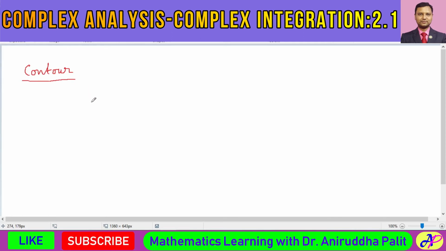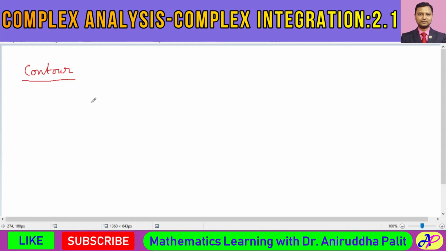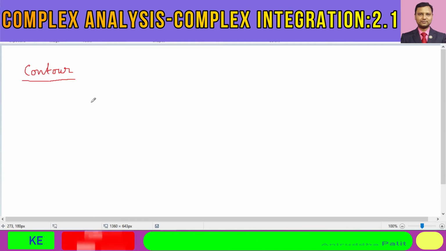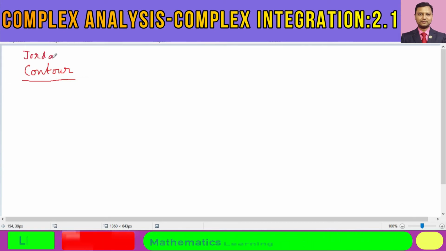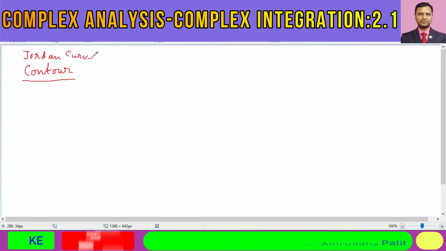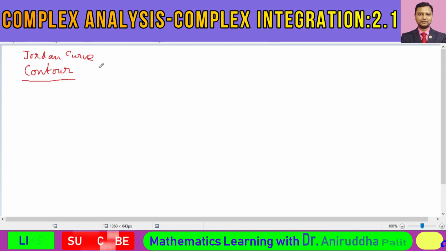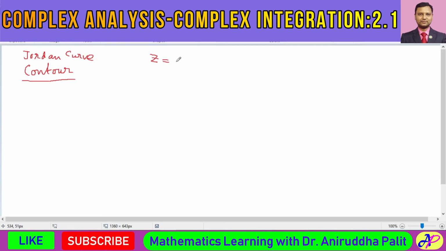Contour is actually a finite chain of Jordan curves. I forgot to mention one thing about this Jordan curve: it would be a continuous curve without any multiple points.